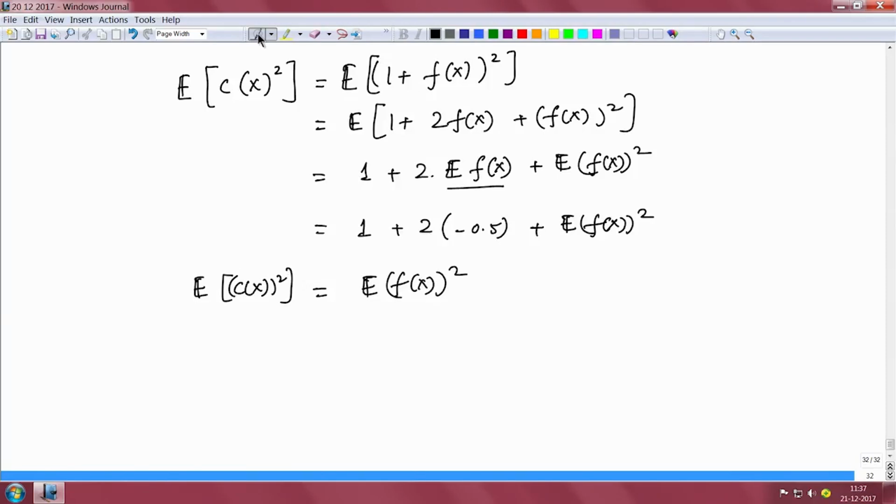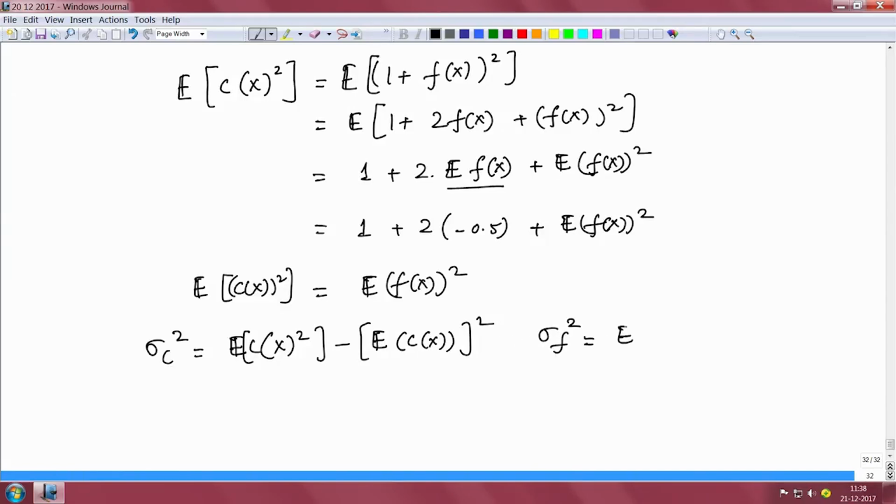So now the variance sigma c squared will be essentially the expectation of c of x squared minus the expectation of c of x the whole squared, and sigma f squared will be the expectation of f of x squared minus the expectation of f of x the whole squared.